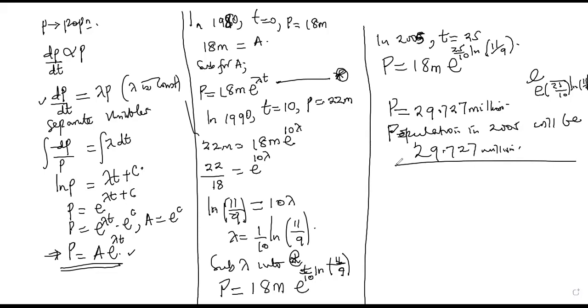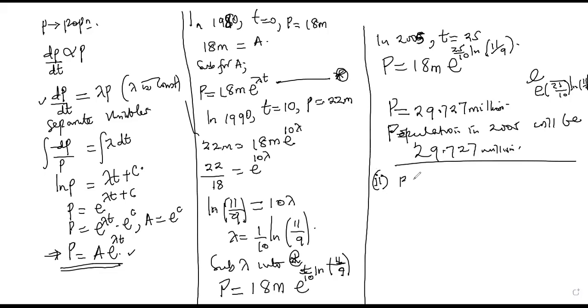So differential equations can help you predict what is going to happen in some time if you use the statistics very well. For the last part of that question, I want us to be very fast. They want us to estimate how long it will take for the population to reach 36 million.